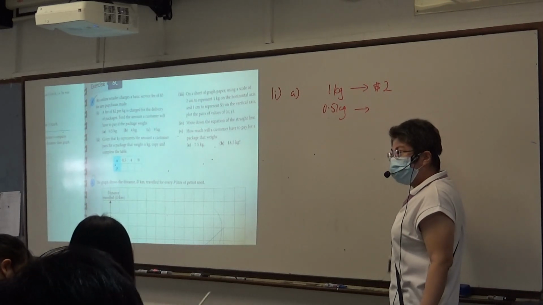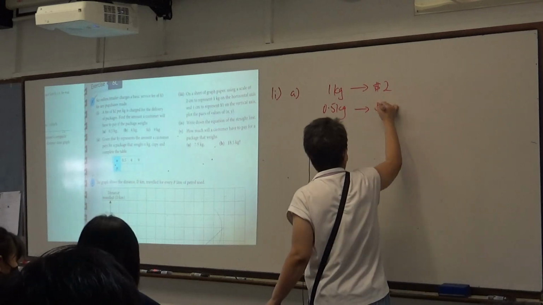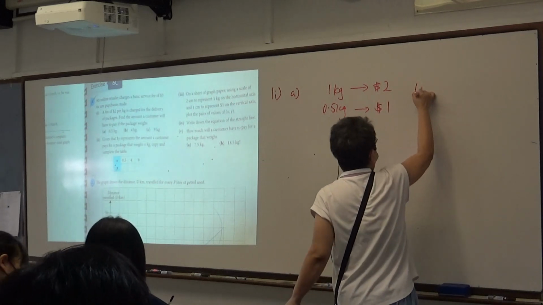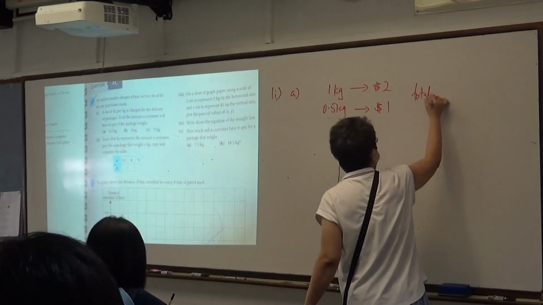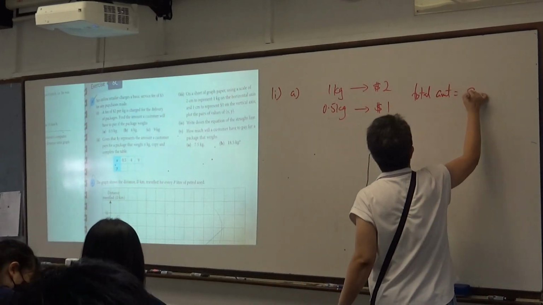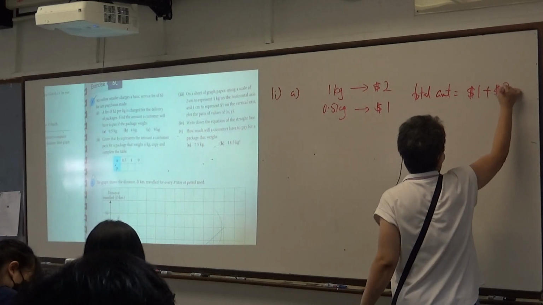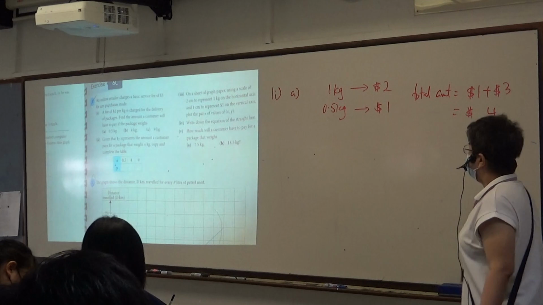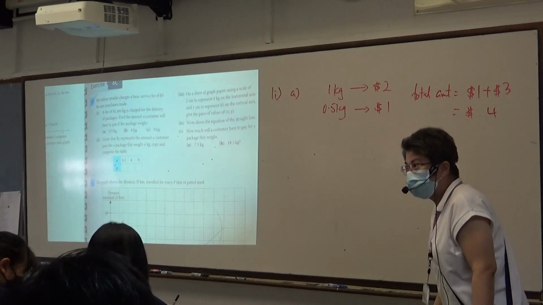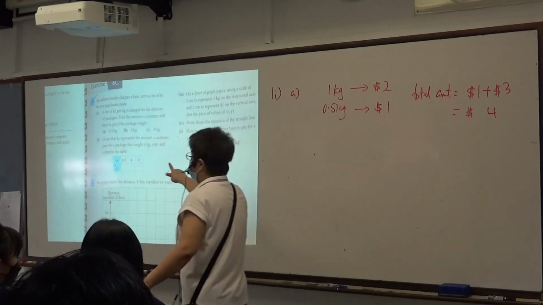How much will it cost? $1. So, the total amount must be $1 plus $3, which is what? $4. That's for the first one, right? Alright. 0.5 kilogram.